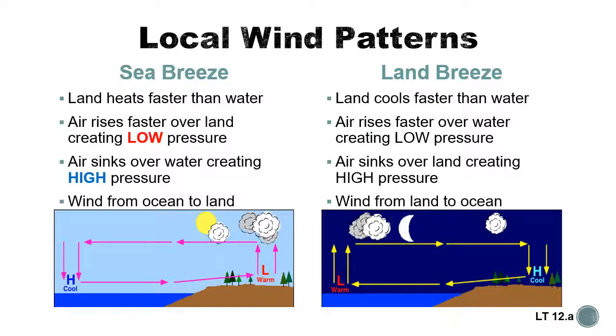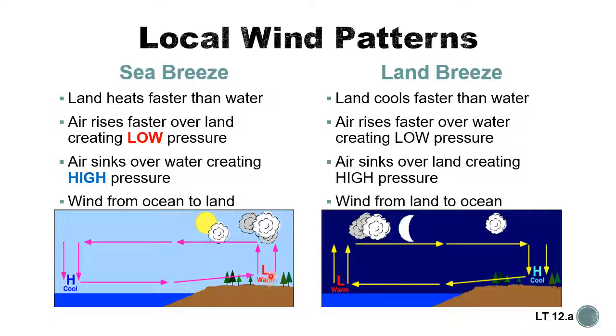So we have local wind patterns. We have what's called a sea breeze and a land breeze. So in a sea breeze, our land during the day is going to heat up much faster than the ocean. So the land will be warmer than the ocean is. Our air is going to rise because it's hot over here.